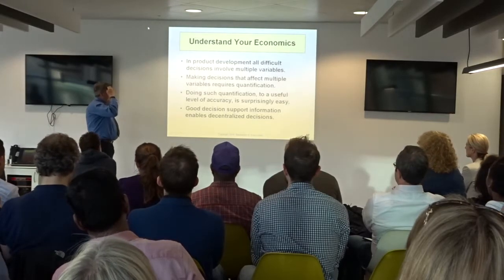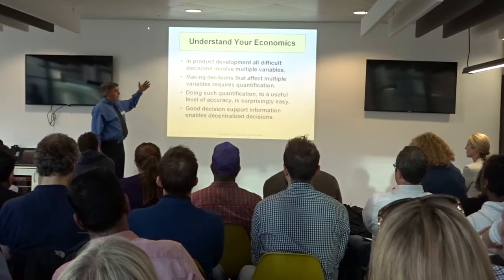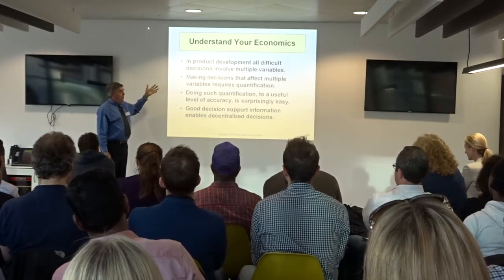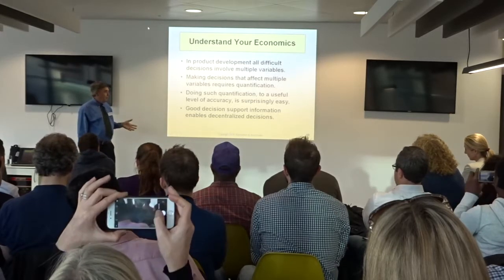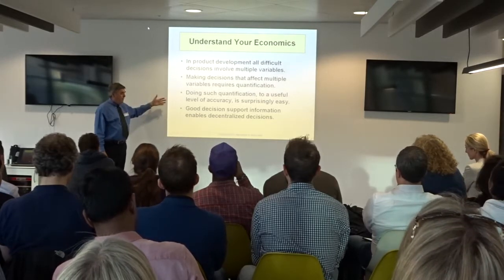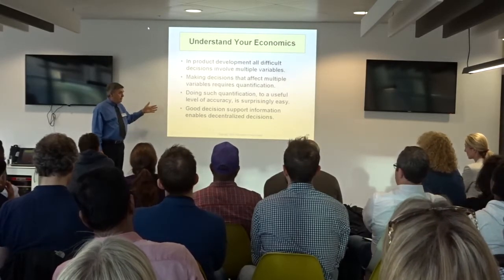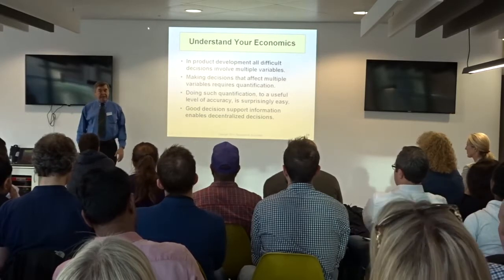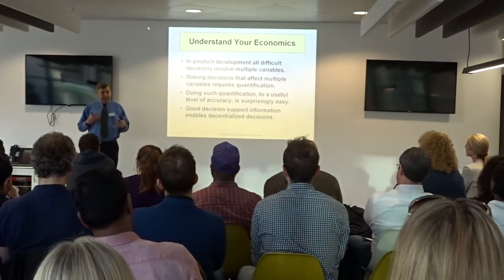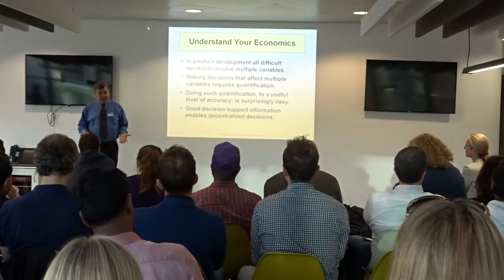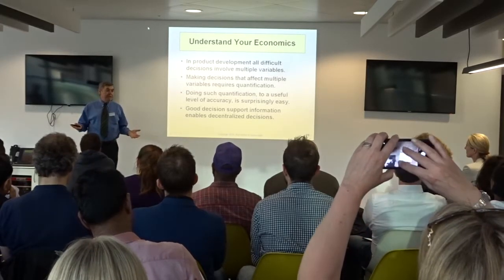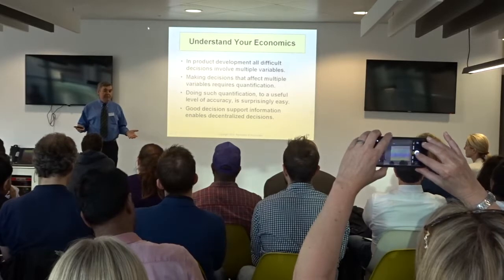Okay, so in product development, we always make trade-offs between multiple objectives. Anytime we have more than one moving part, we have to use quantification. This quantification is usually to a useful level of accuracy. It's surprisingly easy to do, and it supports the idea of decentralizing decisions. When you don't give people the right information to make decisions, and all you do is flow down authority, they will make random decisions, and you will say, what a stupid decision you made.